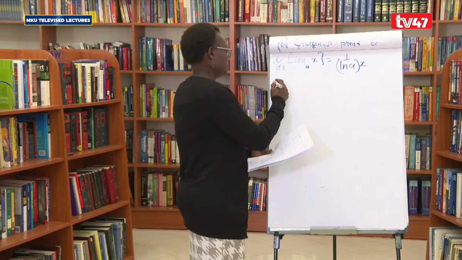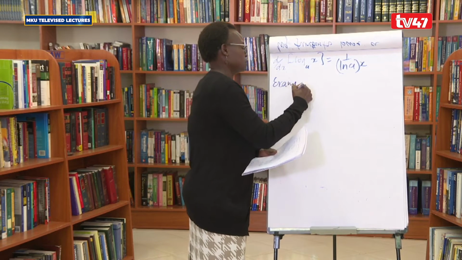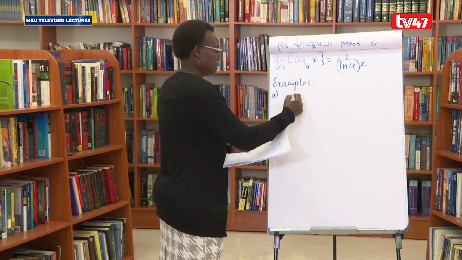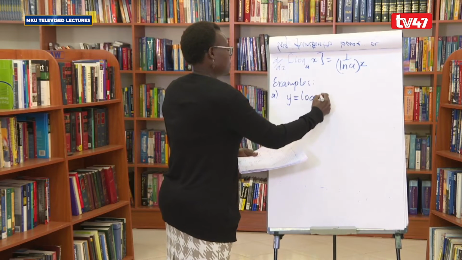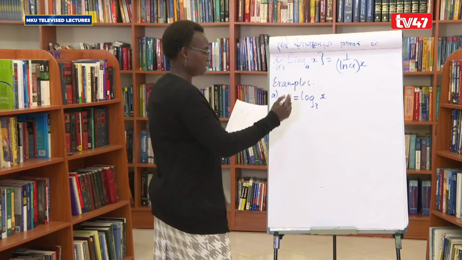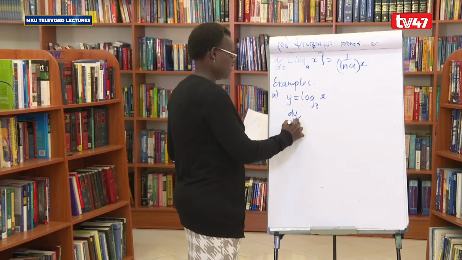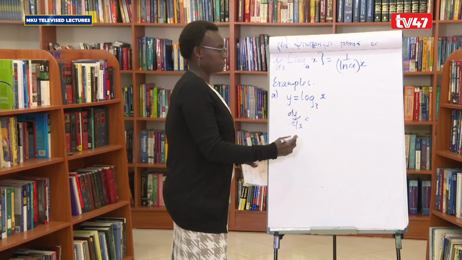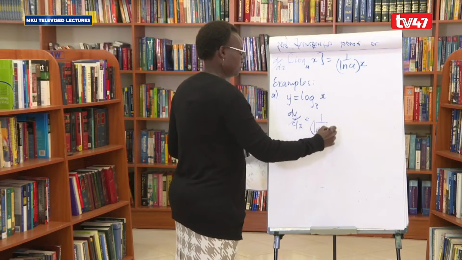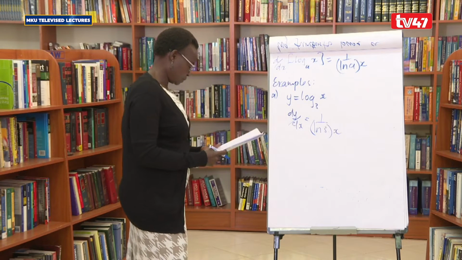We can go to examples. The first example we have is y is log to base 3 of x. Following that rule, dy over dx will give us 1 over ln 3 x.